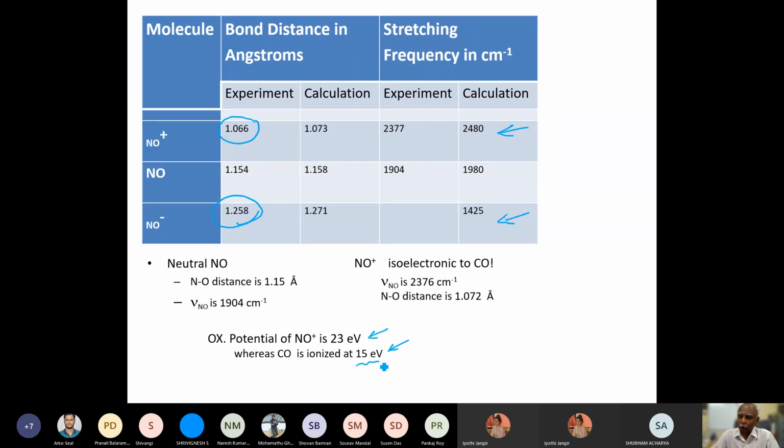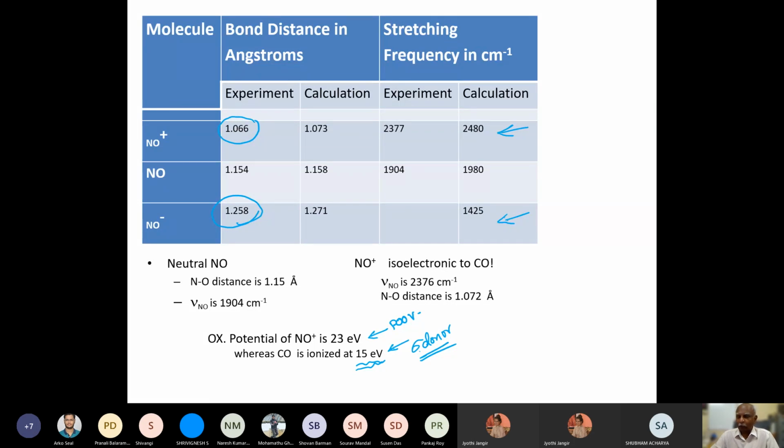If you remember what I told you, 15 electron volts is approximately like a valence electron sitting on an atom. So this is a reasonable sigma donor. This is a poor sigma donor. I would say even carbon monoxide is a poor sigma donor, whereas NO plus would be a very poor sigma donor.